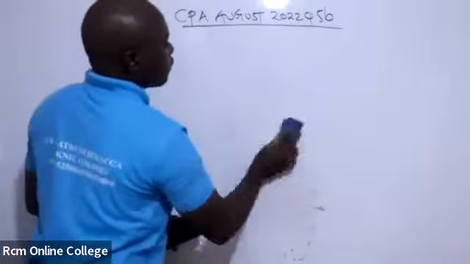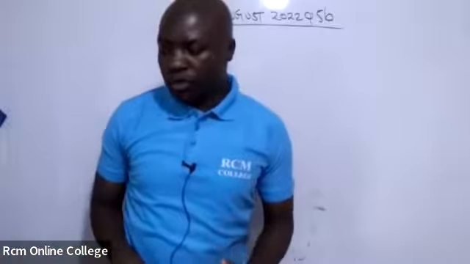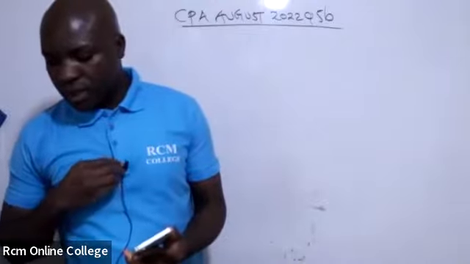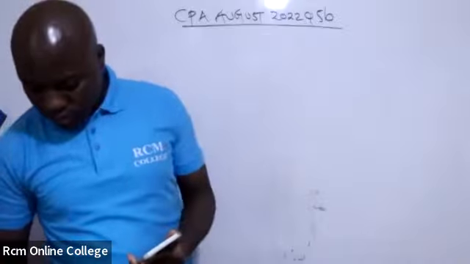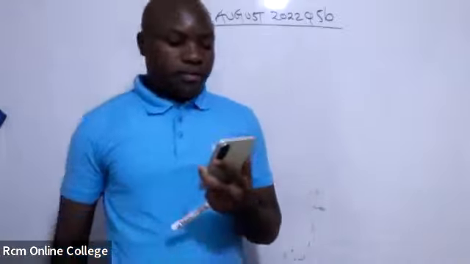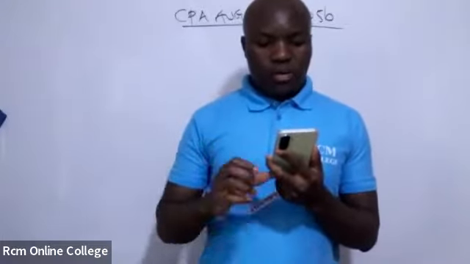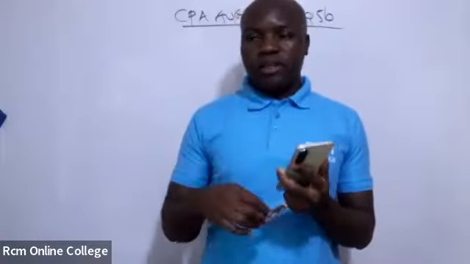So fast forward, let's look at the variances that are given in the question. The first variance I can see in our question is direct material price variance.